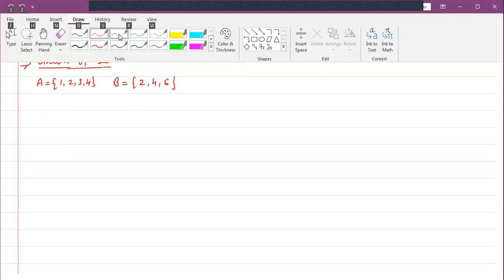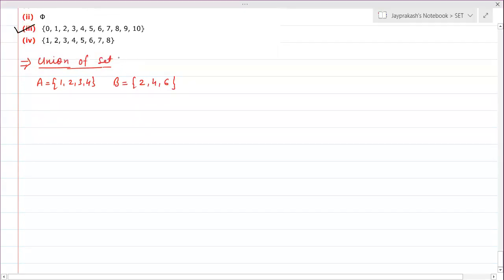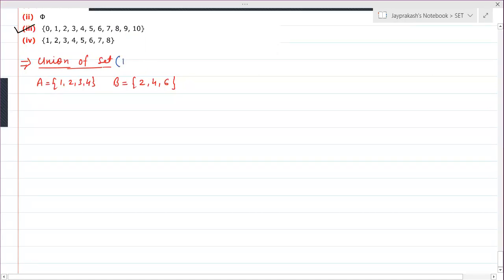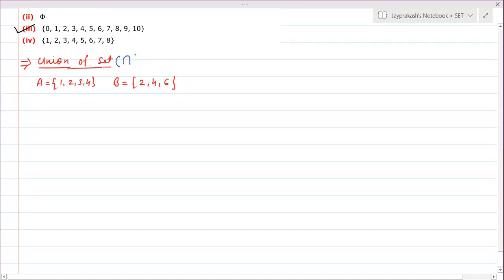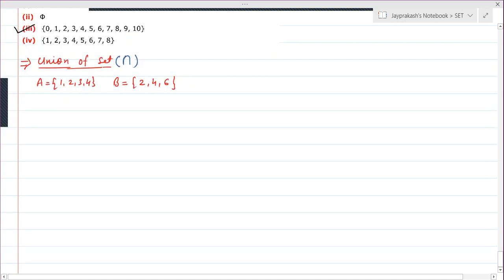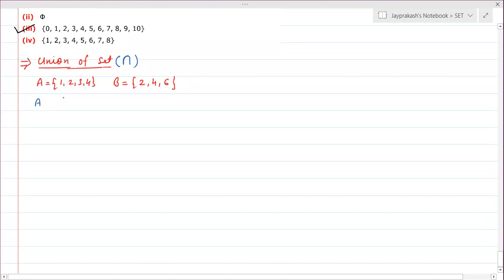Now we need to find the union of sets. So the union of sets is denoted by this symbol, an upside-down U. So when we need to find the union of sets, sorry, not that, that is the intersection. We need to find the union. So for the union, we will use the U symbol.